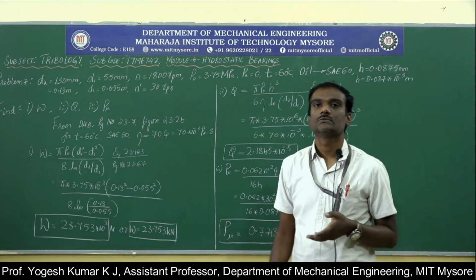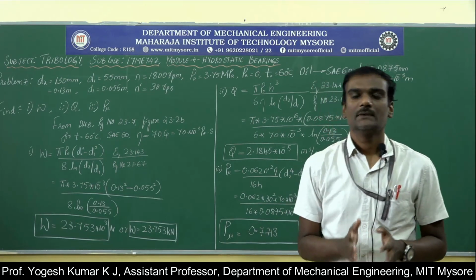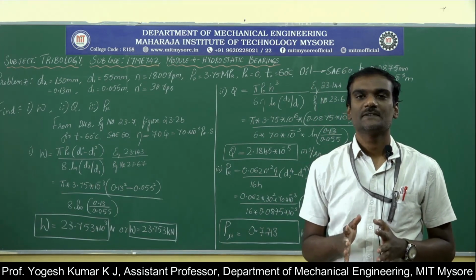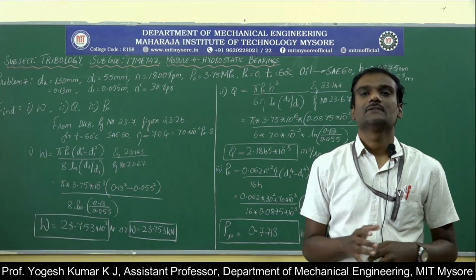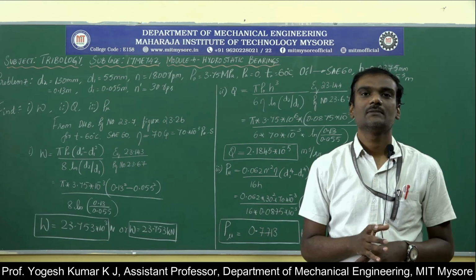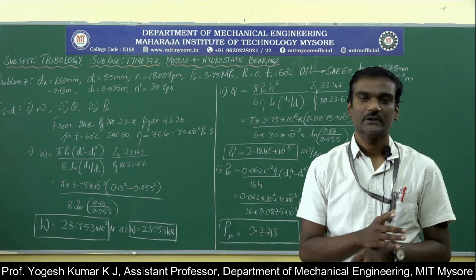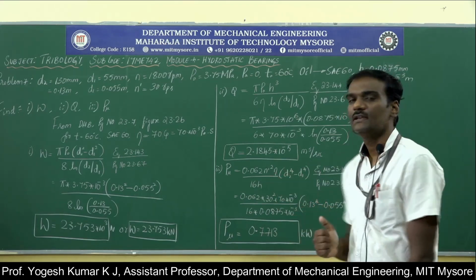You should focus on what's the difference from one problem to another problem. The major difference in this problem is, in the problem statement they have not specified the viscosity of the lubricating oil. We found the viscosity of the lubricating oil based on the temperature and the type of oil that is being used. That is the only major difference. The rest of the problem remains the same.